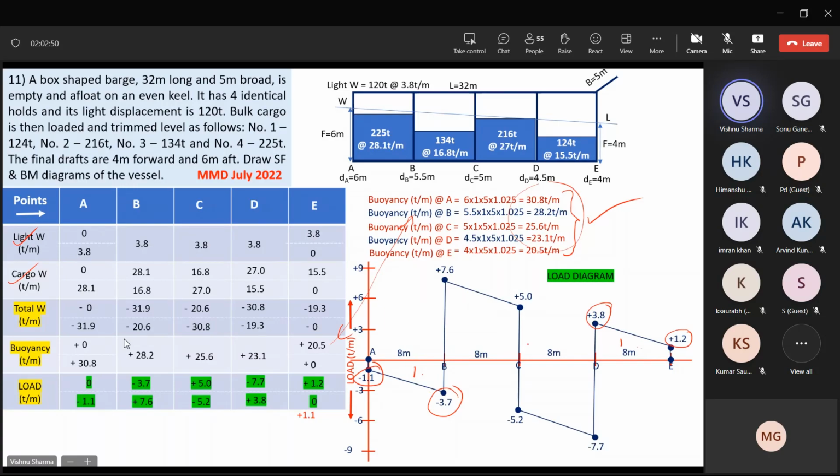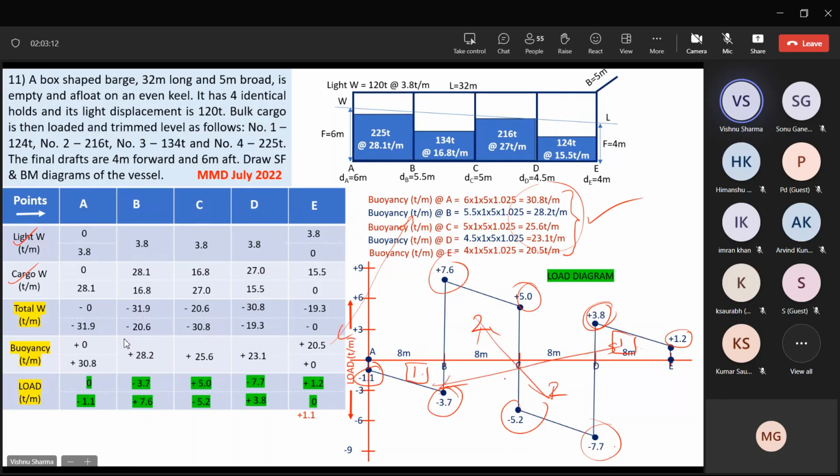Otherwise, I'm sure by looking at the diagram, you can see that these two areas should have been equal. So these values should have been actually same. Likewise, these two areas, you see, this is 5, this is 5.2, this is 7.6, this is 7.6, 7.7, 7.6. Basically, these two areas are to be same and these are to be same.